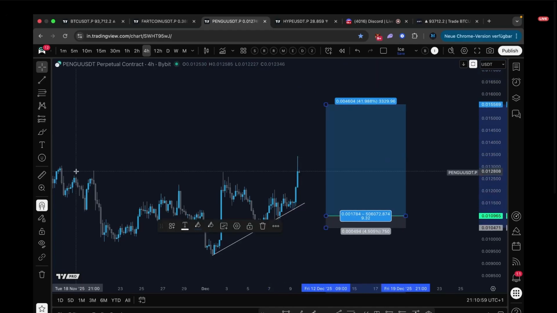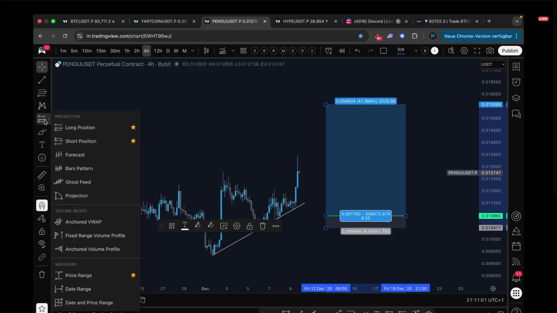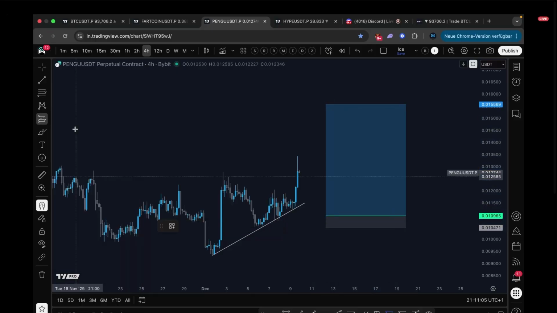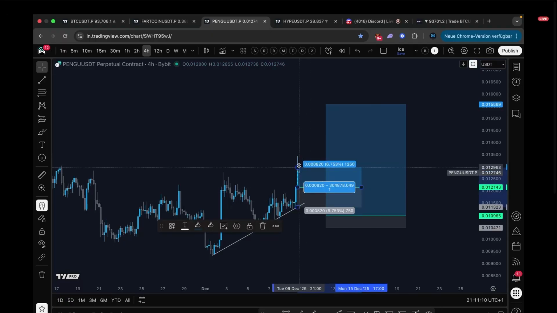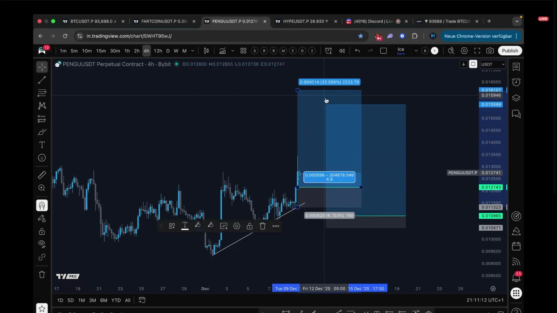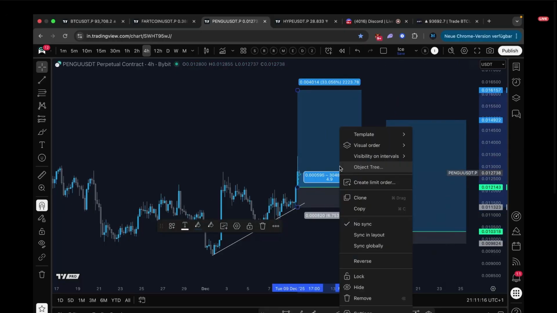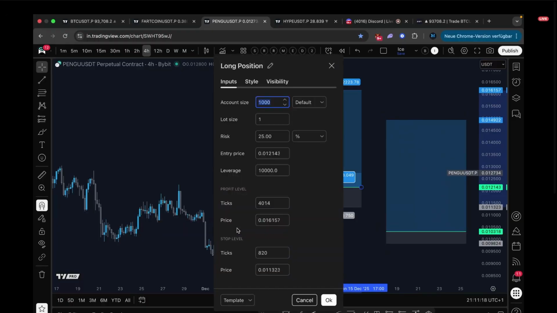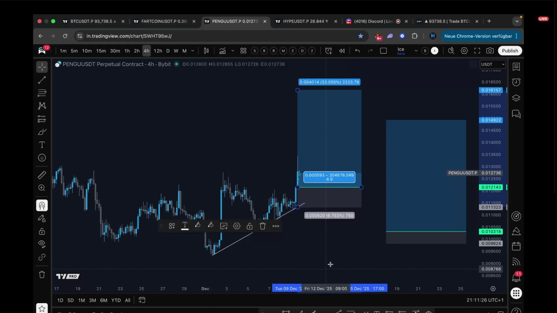This is in TradingView where you have these tools in the fourth tab here, long position. When you select long position, then you have it like this, then you set your target and your stop. You can also right click on this one and then go to the settings and set the values here manually. You don't have to drag. You can also set them here by typing them in.